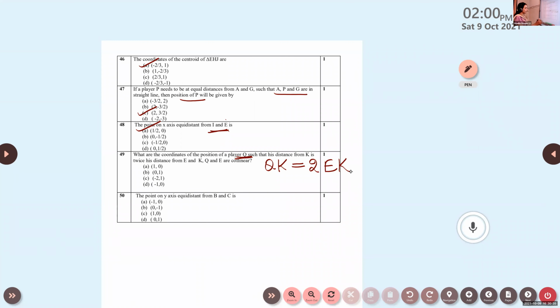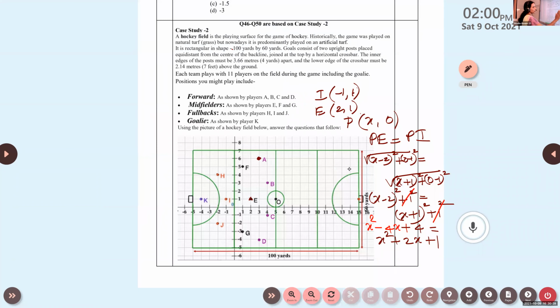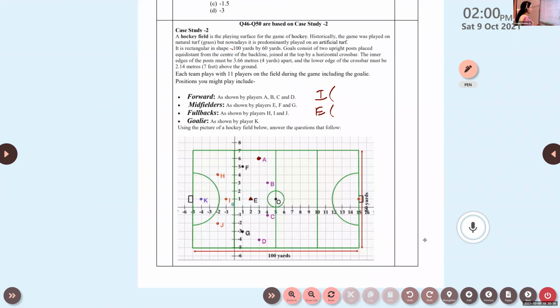We don't know the point Q. QK is given as 2EK. So QK is 2 times EK. E is given, K is given. Find the distance, equate it. Q we don't know, take the point.